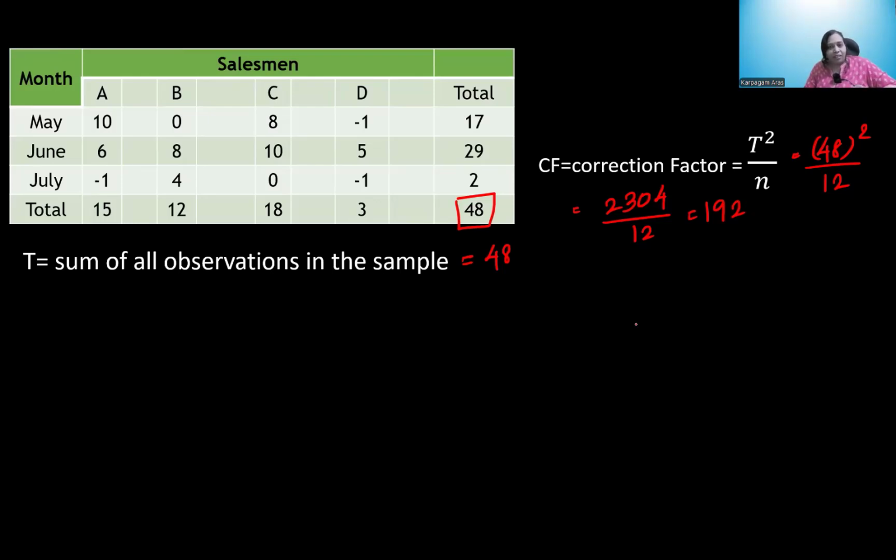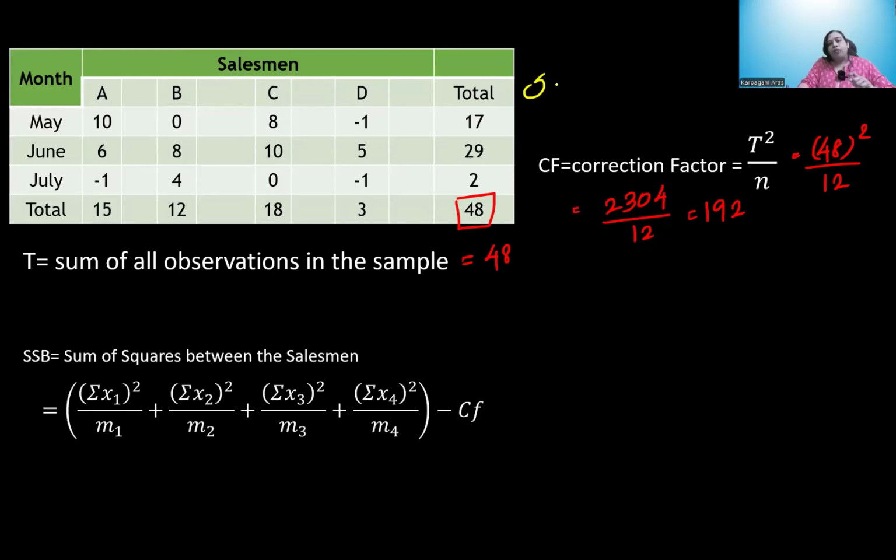Correction factor is done. Let's calculate the sum of squares between for the salesman. We are denoting the salesman to be X and the months to be Y. So I have taken summation of X1 for salesman 1, salesman 2, salesman 3, and salesman 4.